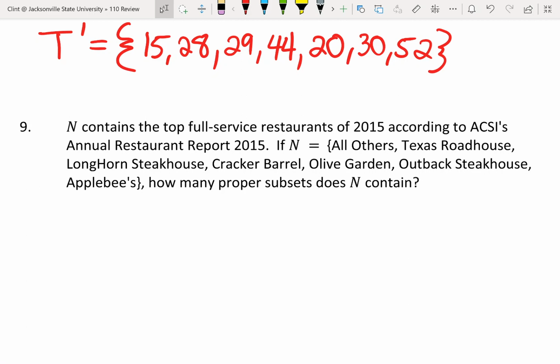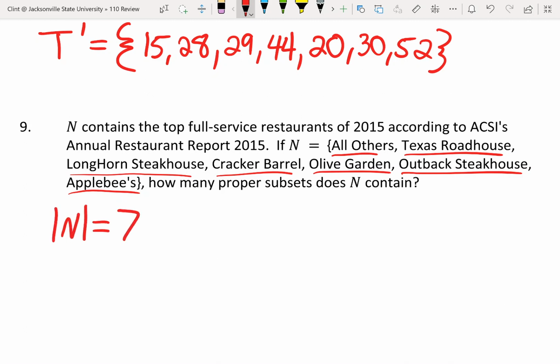So to figure out anything about subsets, the number of them we're going to have, we need to count how many elements we have in our set. So here we've got 1, 2, 3, 4, 5, 6, 7 elements. I'm just going to make a note here, the cardinal number is 7.